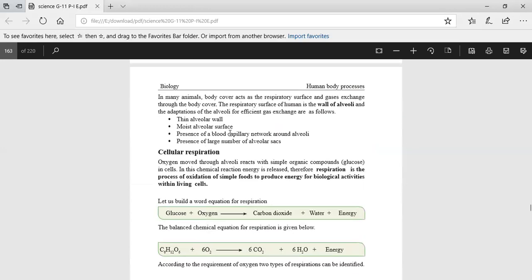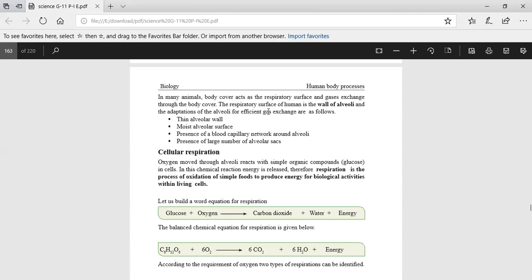Then in many animals, the body cover acts as the respiratory surface and gas exchange occurs through the body cover. In many animals, invertebrates, gas exchange is by the body cover.